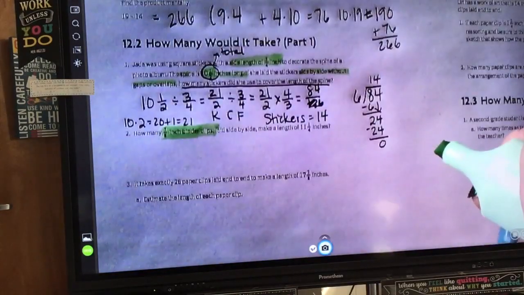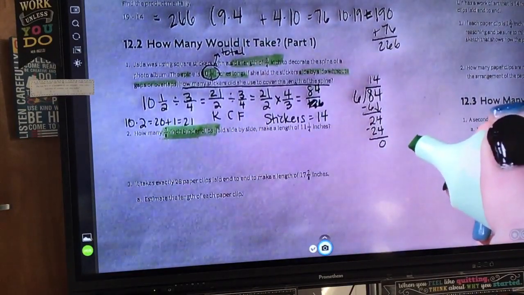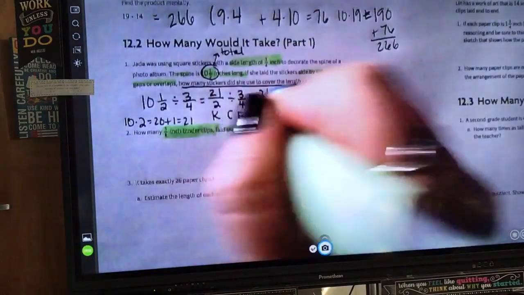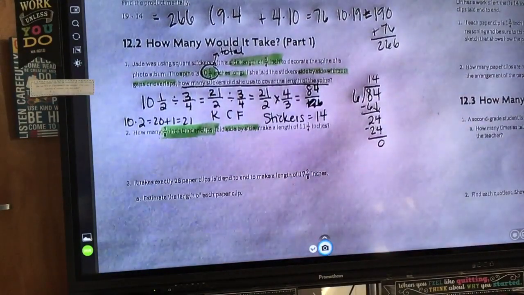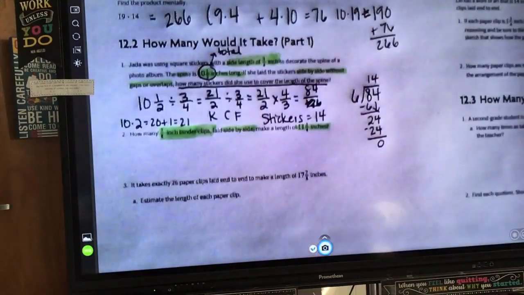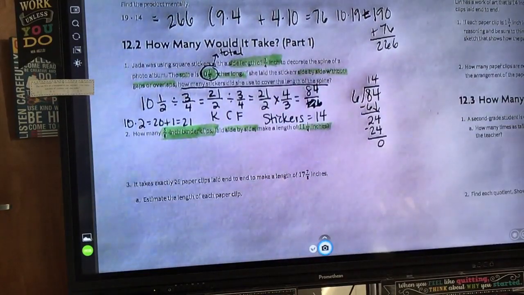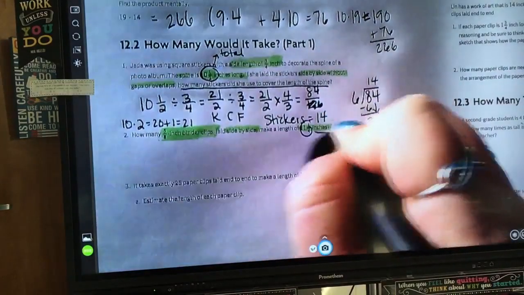In the section that says laid side by side, is there anything important? Yes, Camden, you're right. Side by side is important. All right, make a length of 11 1/4. Which one is our total? 5/8 or 11 1/4? Emily. 11 1/4. Okay, so this is our total.